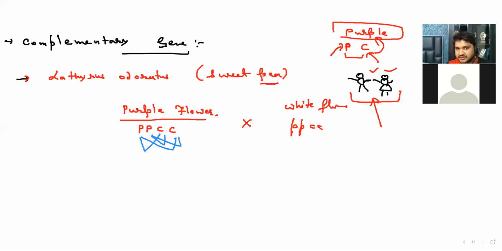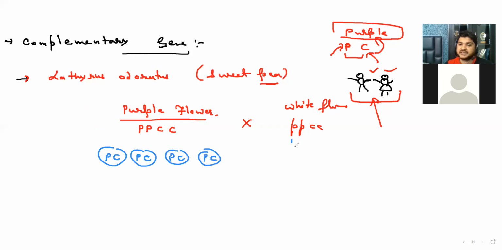I told you the character is one, but it is something like a dihybrid because of the complementary. They both are present together for performing the single performance, right? So there are four: PC, PC, PC, and PC. And it should be like this. Same thing, but lowercase, all of them.